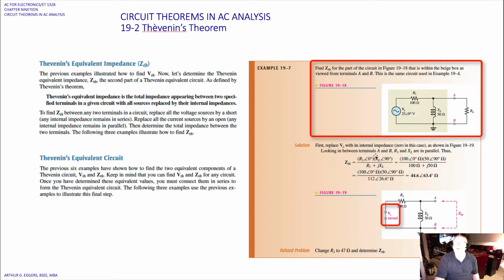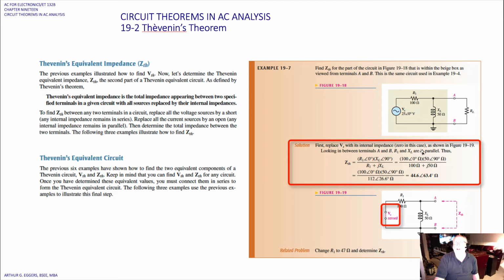Looking in between the terminals A and B, R1 and X sub L are in parallel. Okay, thus Z Thévenin then is equal to R1 at an angle of 0, X sub L at an angle of 90, our polar terms, and then R1 plus JX sub L in the denominator. So we end up with polar in the numerator, rectangular in the denominator. We do our conversion to polar in the denominator. We get 112 at an angle of 26.6 ohms.